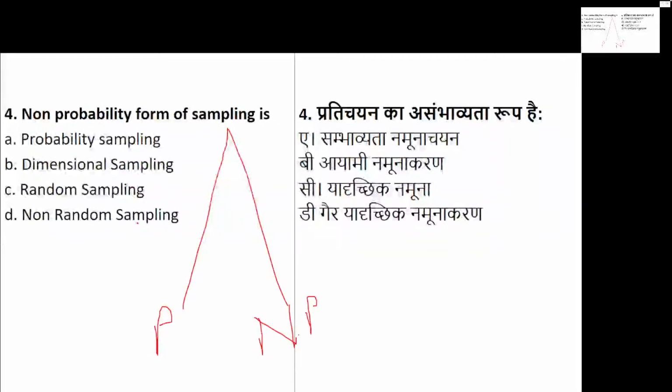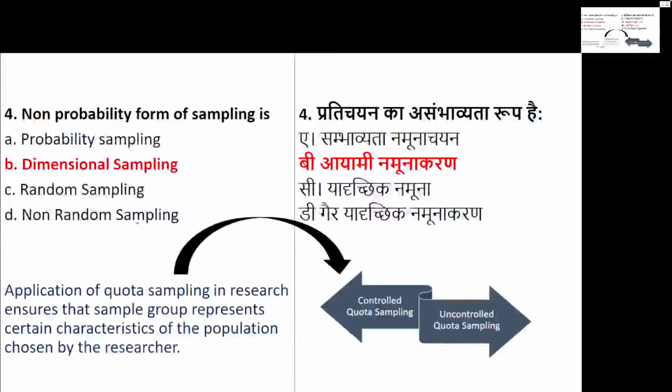Yes. So the non-probability form of sampling here. If you remember, we have two types of sampling, probability and non-probability, right? Now listen to the question very well. Non-probability sampling has convenience sampling, purposive sampling, snowball sampling or quota sampling.